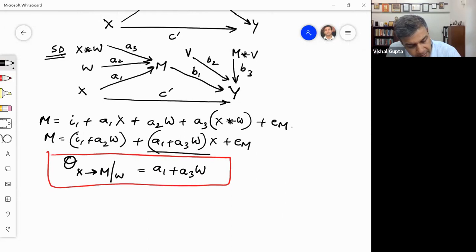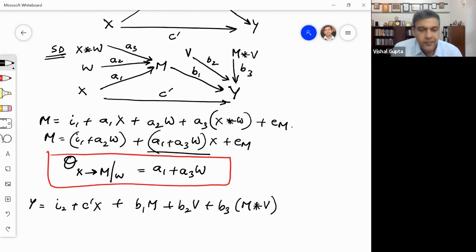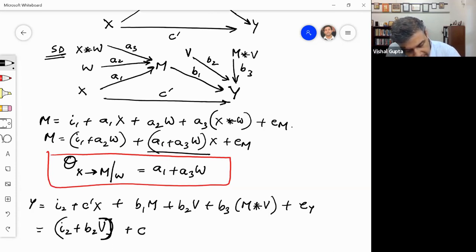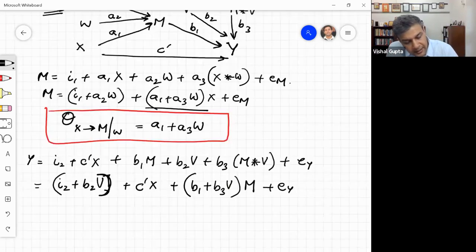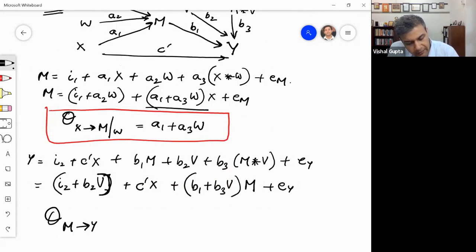Similarly, I can say that Y is equal to I2 plus C dash X plus B1M plus B2V plus B3M into V, that is another interaction term, and then E of Y. So if we club the terms together, B2V comes together here, then we have the C dash X term, and I can say B1 plus B3V times M plus E of Y. Just simplifying this equation: what is theta M to Y, the effect of M on Y?